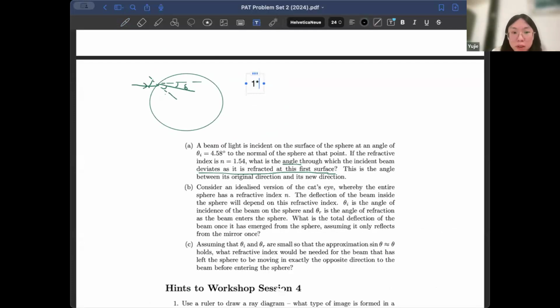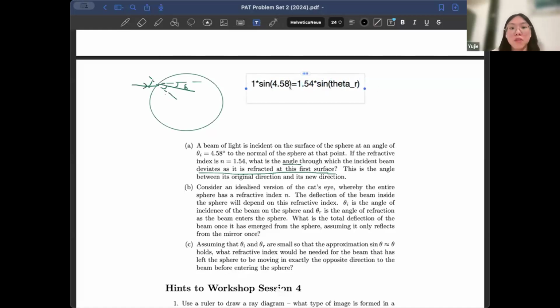So 1 multiplied by sine theta 1, which is the angle of incidence, which would just be 4.58 degrees, equal to n2, which is the refractive index of the glass, 1.54 multiplied by sine theta R, the angle of refraction.